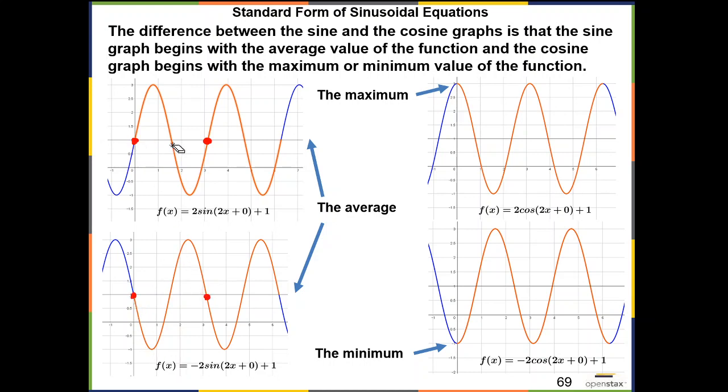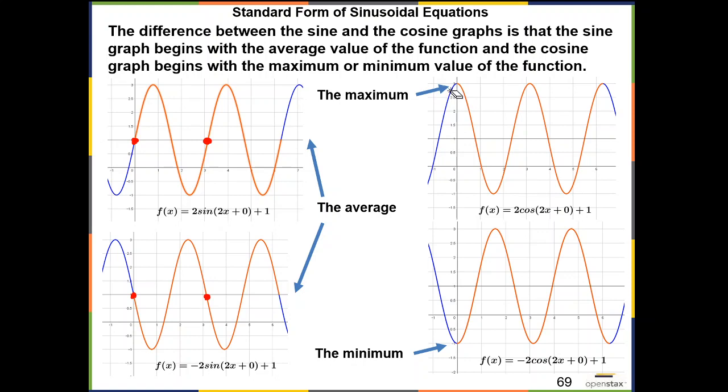Notice that sine starts from average, goes up to max, comes back to average, goes to min, then comes back to average. Whether sine is flipped over the x-axis or not, we always start from average and then go down to min and go back to max and then the average.